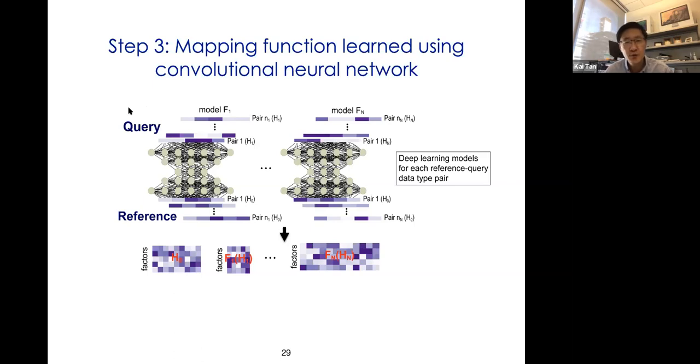We do this using a convolutional neural network because it can handle nonlinear functional relationships. So after this step, what we have is a set of learned functions that can map the latent features from one modality to the reference modality.